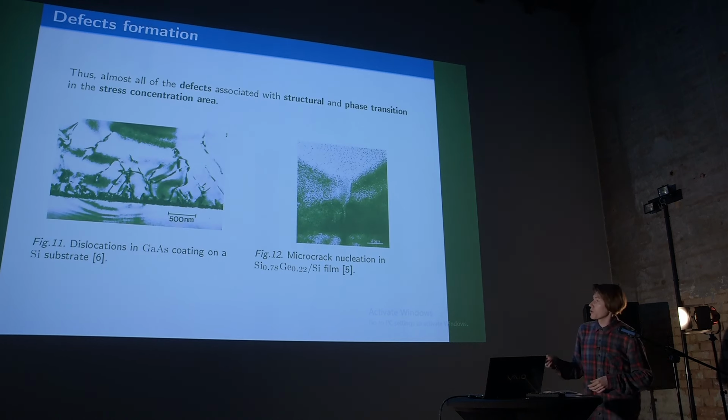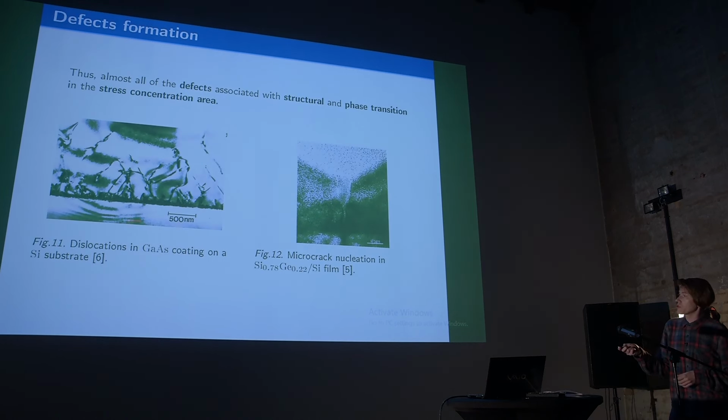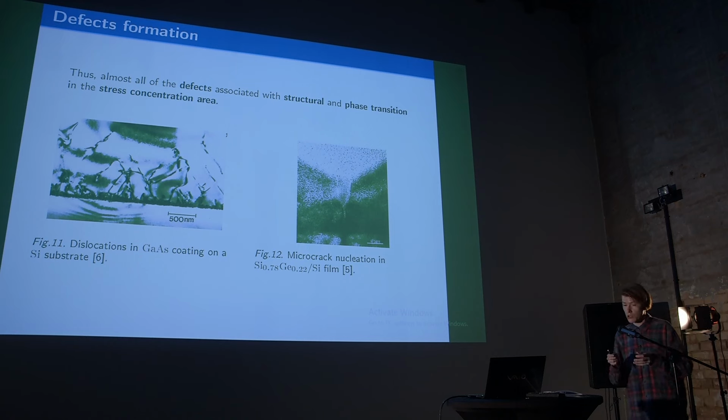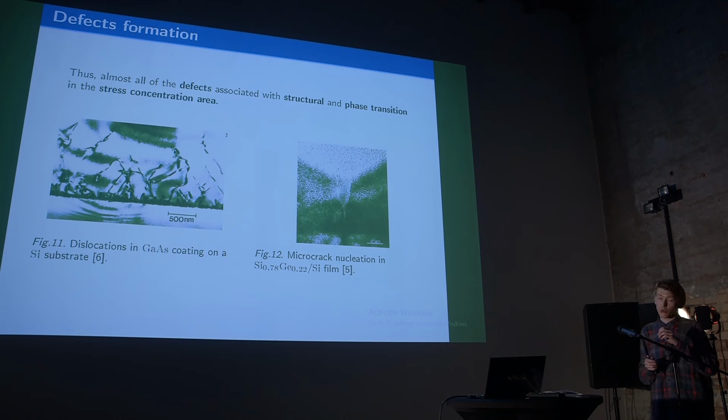For example, here you can see the dislocation near the interface of film and substrate. What is a dislocation? Dislocation is distortion. This is the distortion of the crystal structure of, for example, film or substrate.